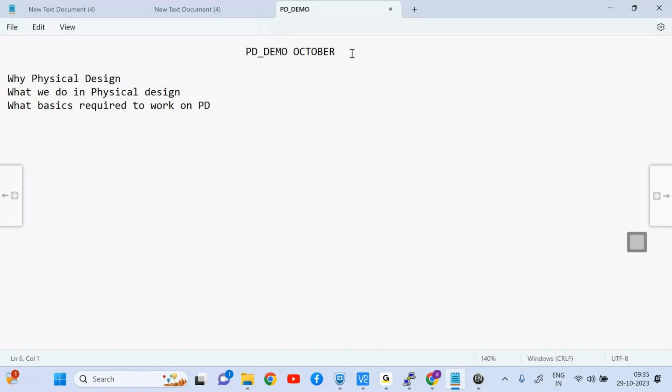Next, how the course works, like on what day we are going to conduct the course. So we are going to discuss these four objectives today.